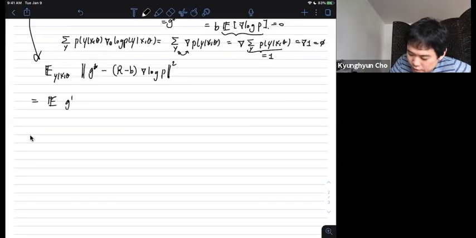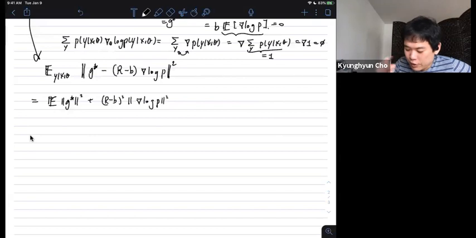So it's the expectation of the square norm of the true gradient plus (R minus B) times the gradient of a single sample's log probability, squared, minus 2 times (R minus B) times the gradient of log P transpose G star.